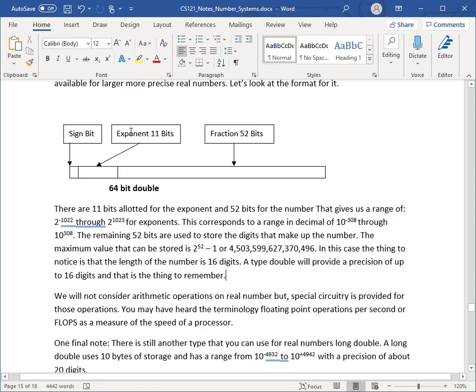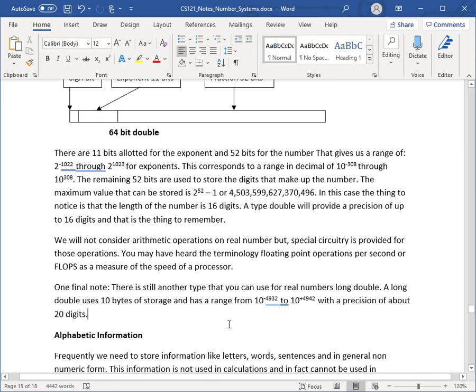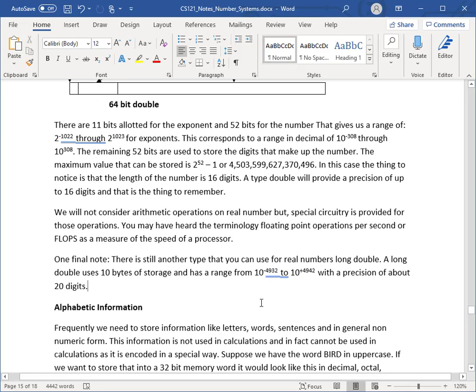Since we have 11 bits for the exponent, we can go from 10 to the minus 308 all the way up to 10 to the positive 308. So that's a tremendous range of numbers that you can represent. But remember, the accuracy may be what's important to you, and 16 digits would be the most precision you would have for a double. There are other ways to store data, and different systems may store it in different ways.